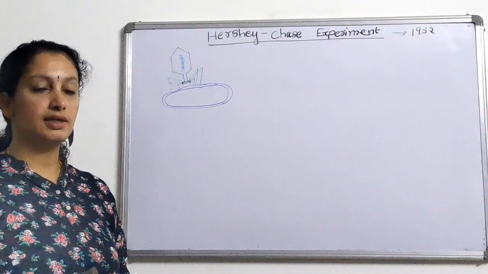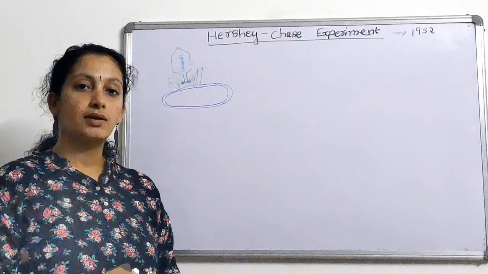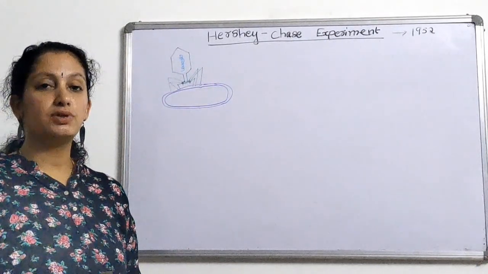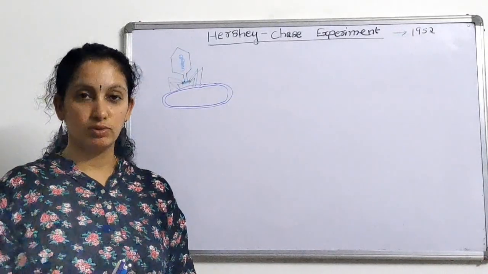So when the experiment was conducted by other scientists like Griffith, there was some controversy about whether the genetic material can be DNA or RNA or protein.